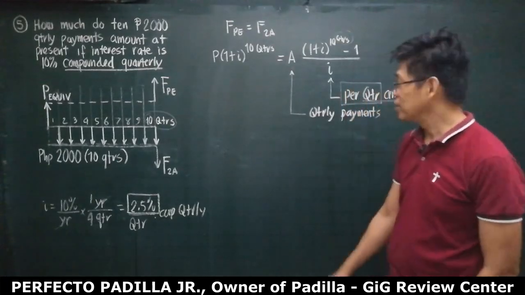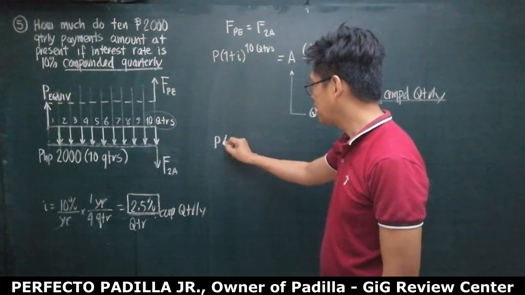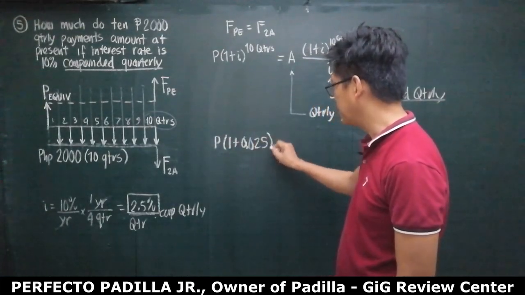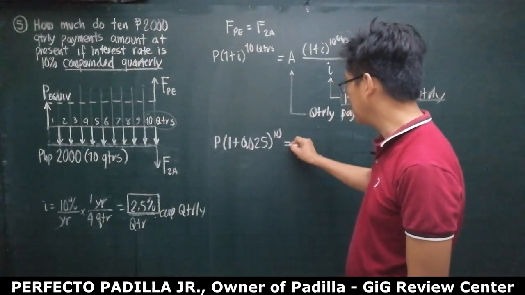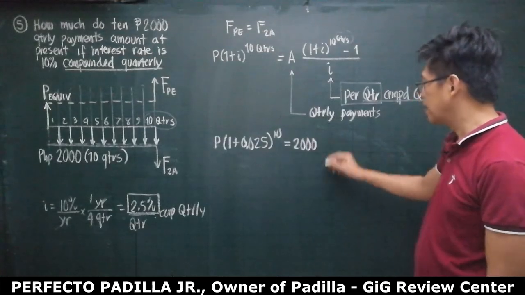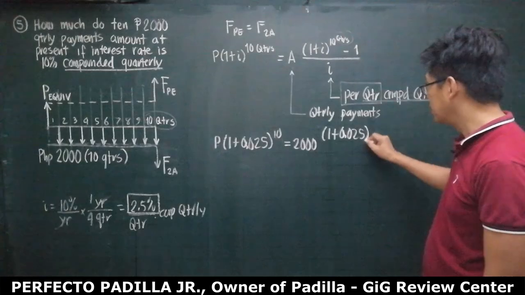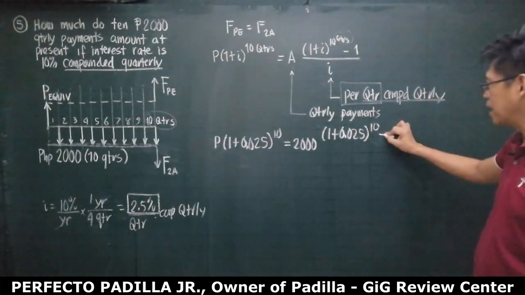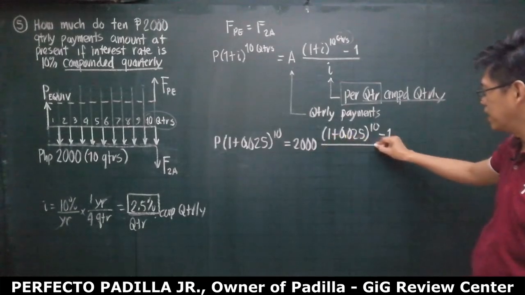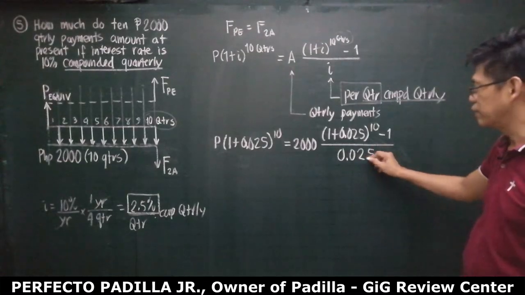So, substituting that here, you have P times (1 + 0.025)^10 equal to A, 2,000 times ((1 + 0.025)^10 - 1) all over i, 0.025.